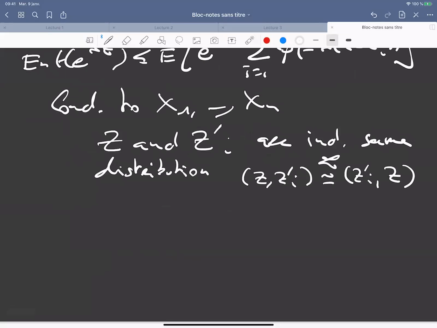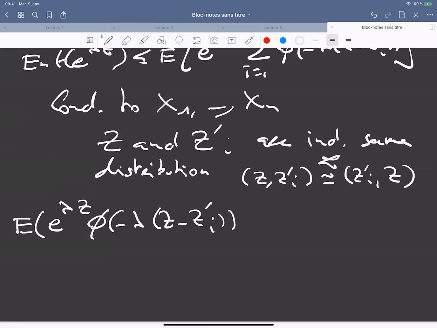So now I decompose the expectation of exponential lambda Z phi of minus lambda Z minus Z prime I in two terms.